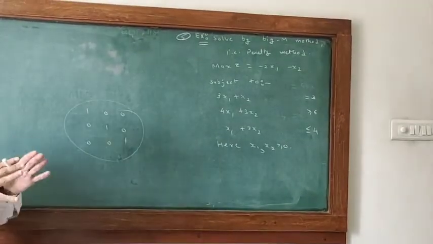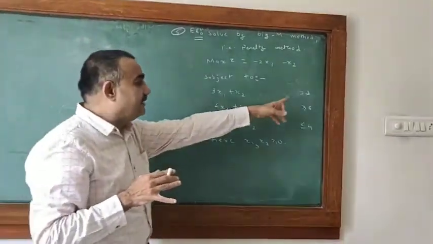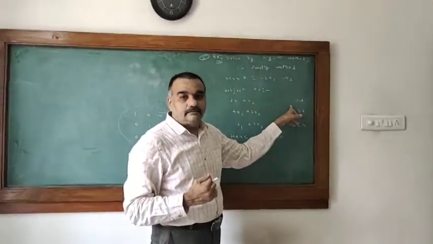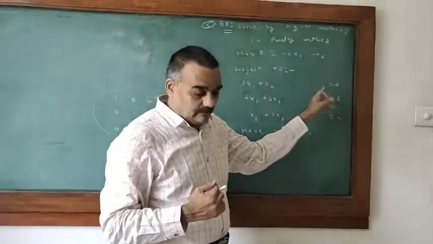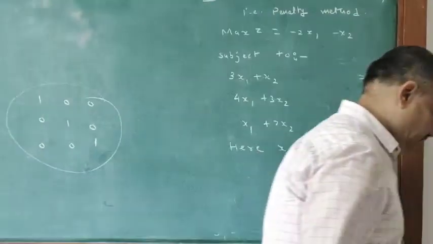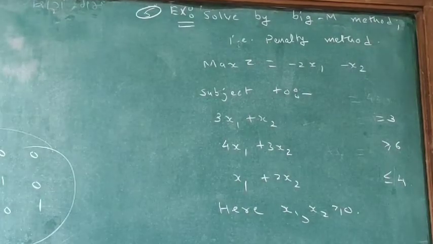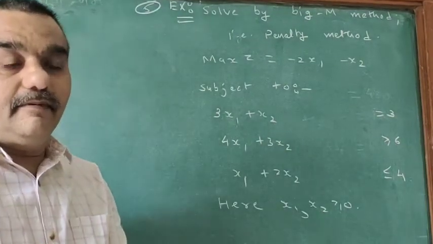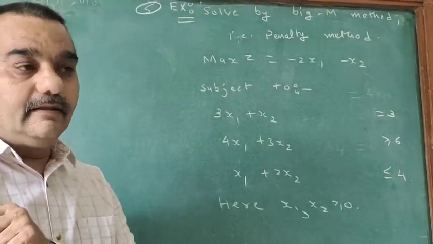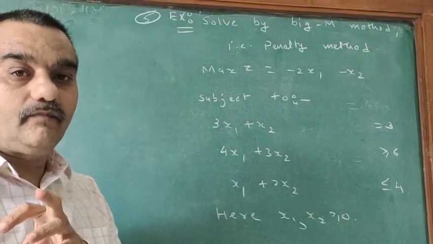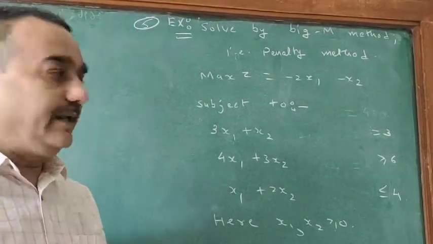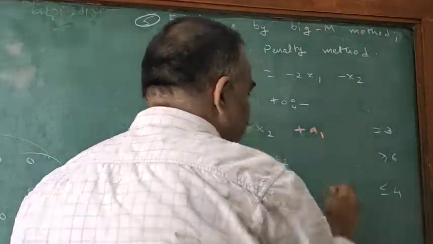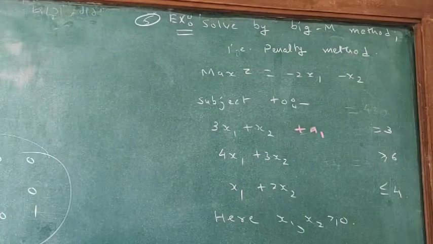For that we introduce, see here, whenever there is equality, for that we have to introduce a new type of variables. They are known as artificial variables. Here I am going to introduce one more variable, and that is A1. Artificial variable.